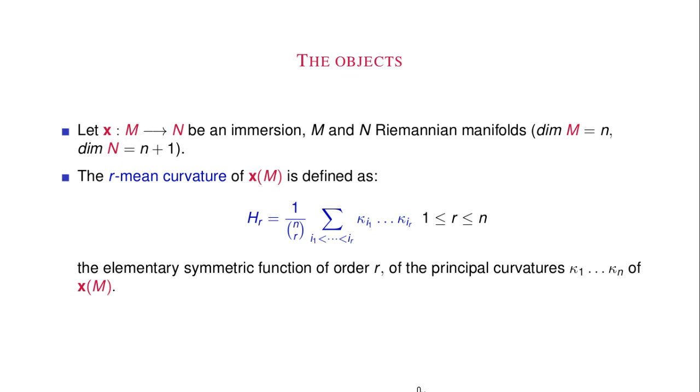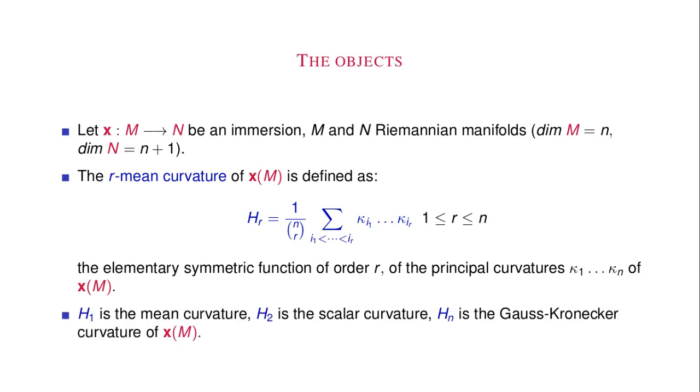And we will consider the r-mean curvature of the immersion, defined as the elementary symmetric function of order r of the principal curvatures. So a very simple object. Of course, when r is equal to 1, it is the mean curvature. When r is equal to 2, one has the scalar curvature. And when r is equal to n, one has the Gauss-Kronecker curvature, and all the ones in the middle.